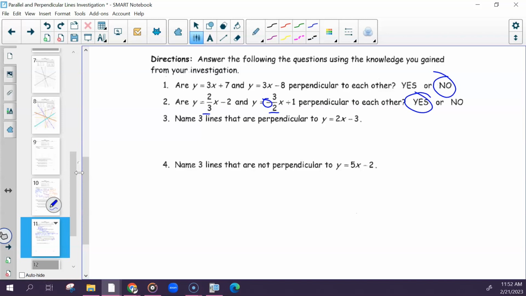Give me one. The example we said was perpendicular. How would we make this one perpendicular?